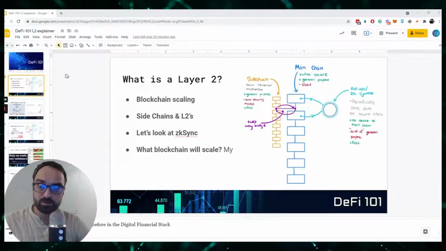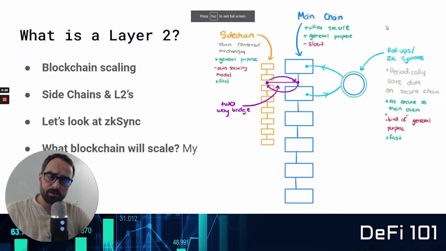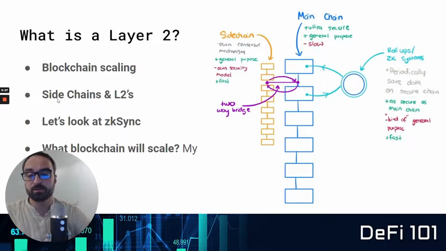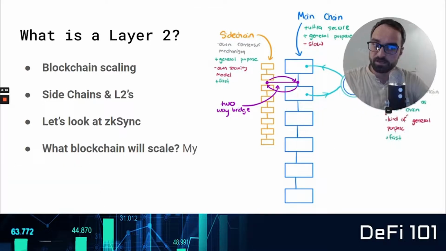I hope everything is clear, and I hope that we can now move forward to a little bit more technical, a little bit more difficult topic called layer 2s, because we have interacted now with a couple of testnets. We have interacted now with maybe a couple of blockchains, and there's a lot of different chains, right?